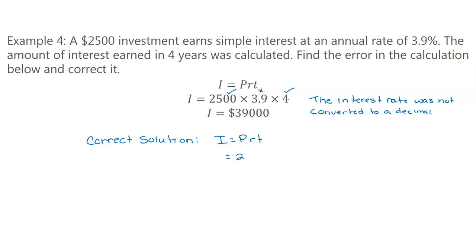So P is 2,500. The R value would be 0.039 if I move my decimal 2 places to the left, and T is 4. So the correct amount of interest earned should actually be $390, not $39,000.